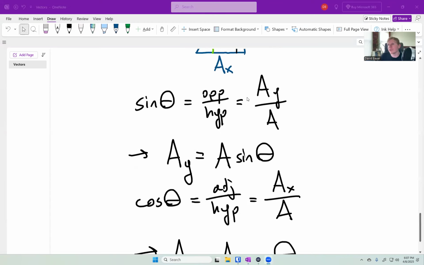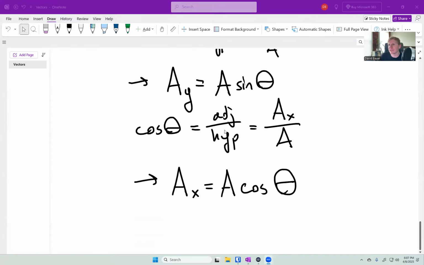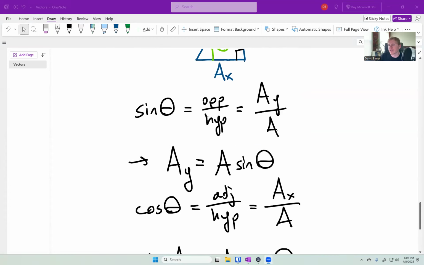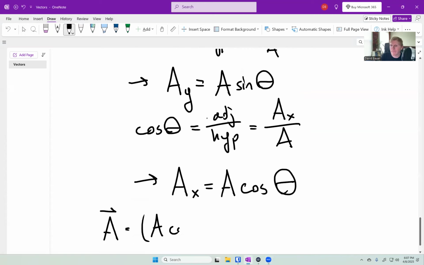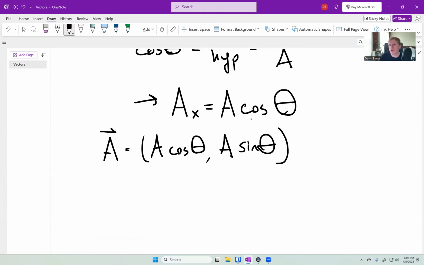So I end up getting, in terms of this angle theta, specifically this angle, these are the components. All right, now this only works in the case where theta is this particular angle.